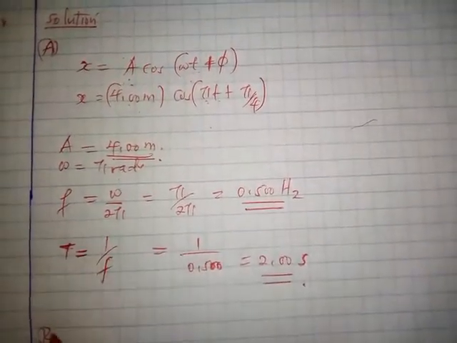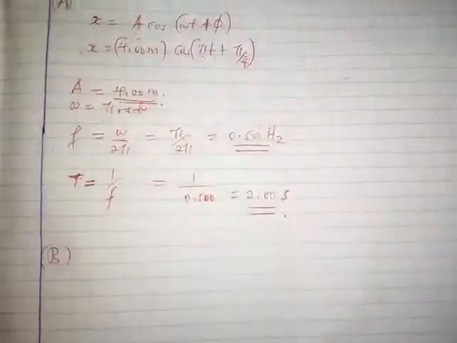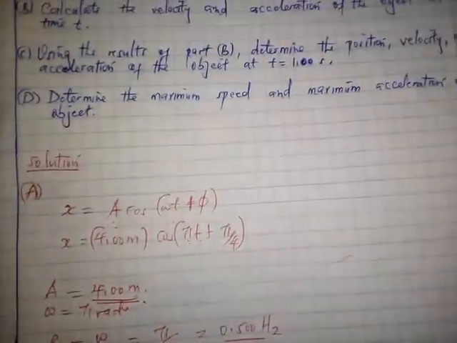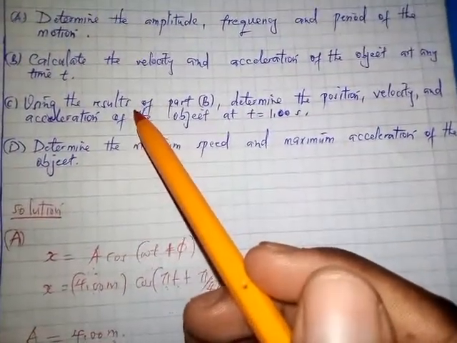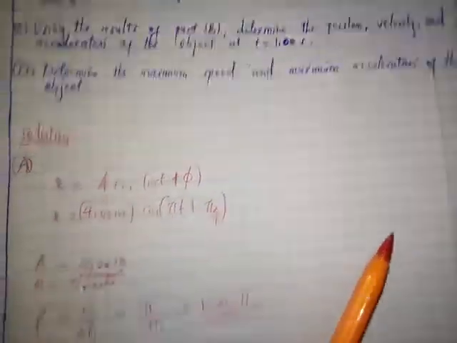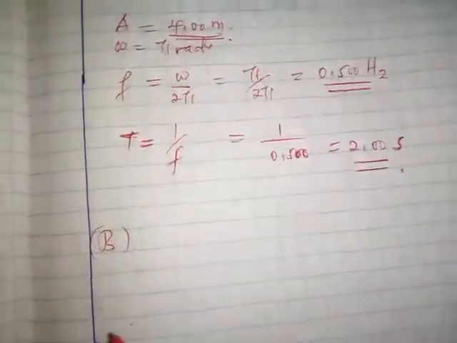Part B is to calculate the velocity and acceleration of the object at any time t. Solution.